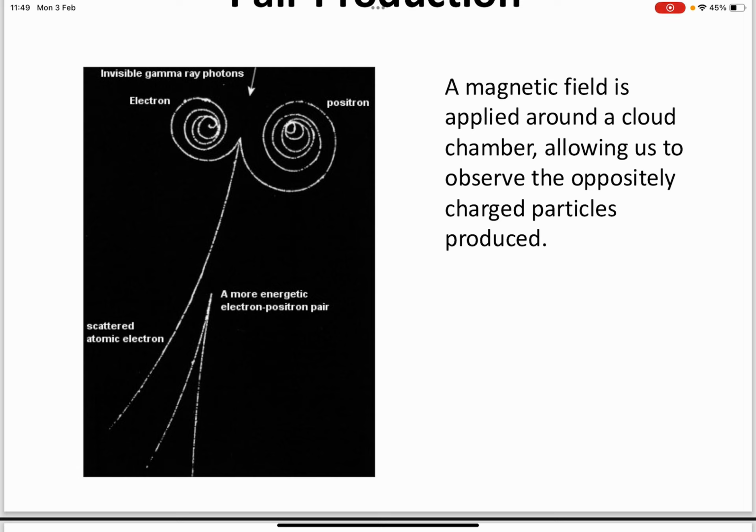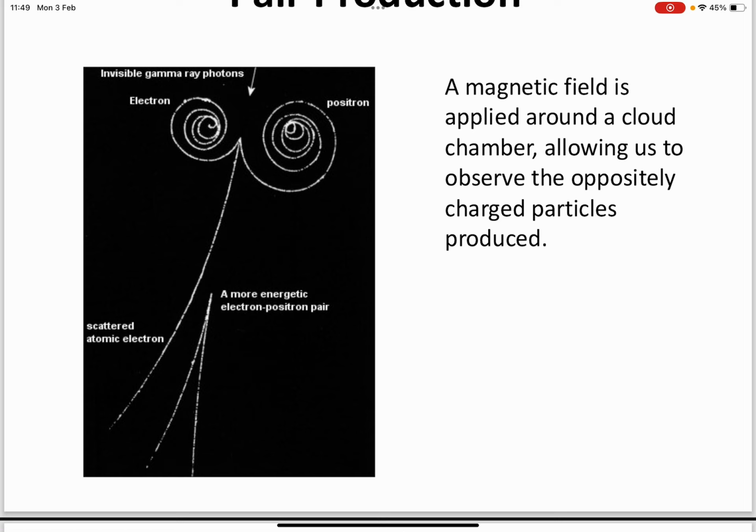And we apply a magnetic field. We're getting that circular motion that we know is associated with magnetic fields, but we're getting two particles produced and they are spiraling in opposite directions. So the way that we explain that is they must have opposite charges. So that's good evidence for the particle-antiparticle pair being produced.